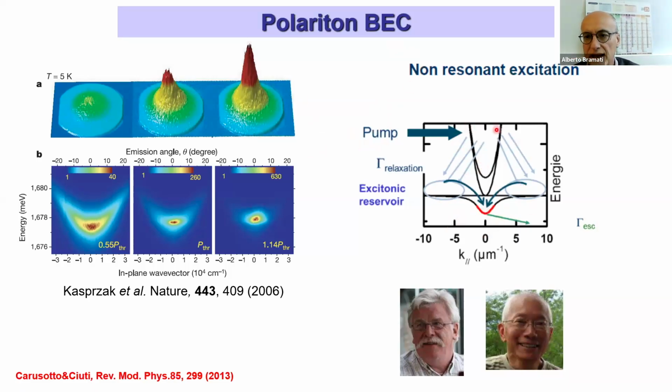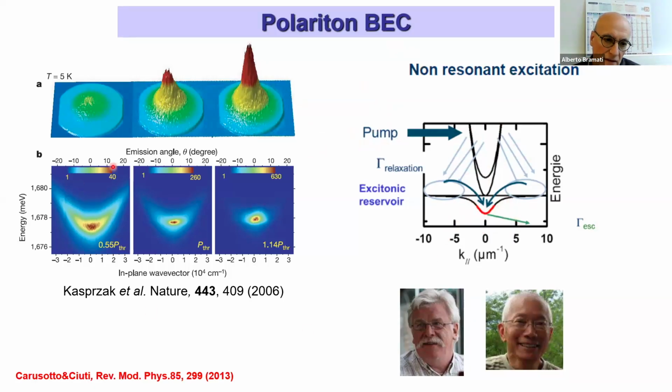The excitons that are created in the structure relax very efficiently, and polaritons accumulate in the ground state of the lower polariton branch.